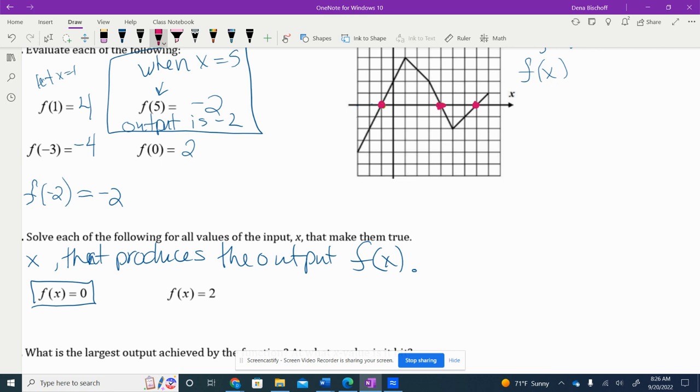Okay, so now we need to figure out what those x values are. Y equals 0 when I let x equal what? -1. Y equals 0 when x is what? 4. And y equals 0 when x is 7.